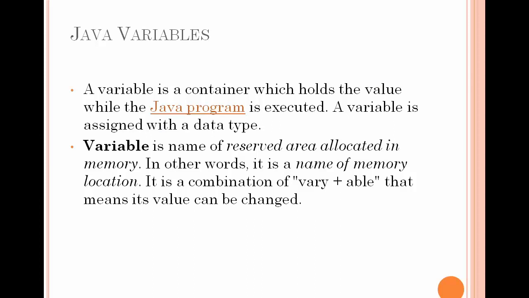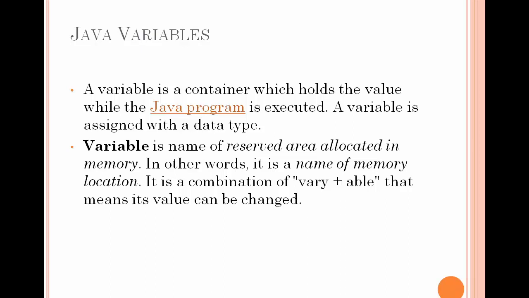Java variables. A variable is a container which holds a value while the Java program is executed. A variable is assigned a data type also. So Java has variables and data types.